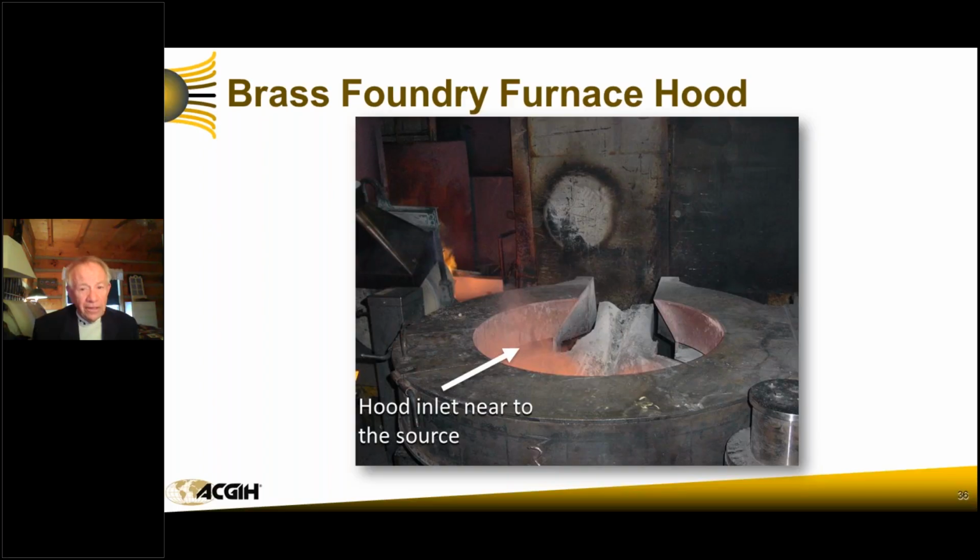Some more volatile contaminants that are intrinsic to all brass. One of them is arsenic. One of them is lead. So what we want to do is make sure, because these fumes are going to be laden with other contaminants, antimony and the like, that we definitely capture them as close to the point of generation as possible.